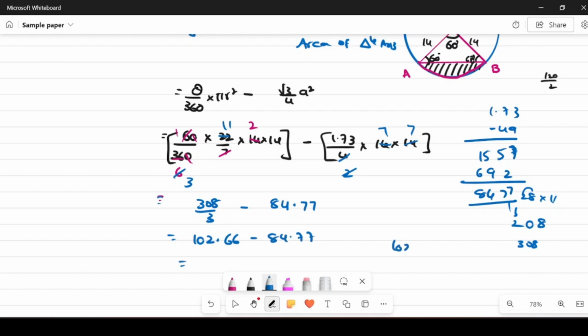So we get 102.66 minus 84.77, which is 17.89 square centimeters. This should be our answer.